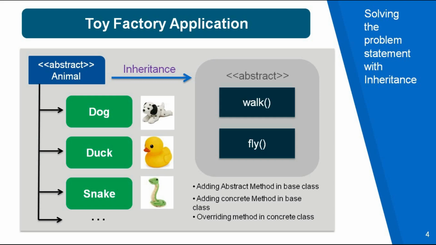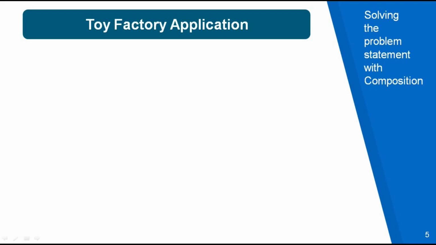If you add the implementation in the duck class for the fly method, this feature is fixed permanently for the duck class, and we cannot change this behavior during runtime. So in this case, inheritance is not the solution for this problem statement.